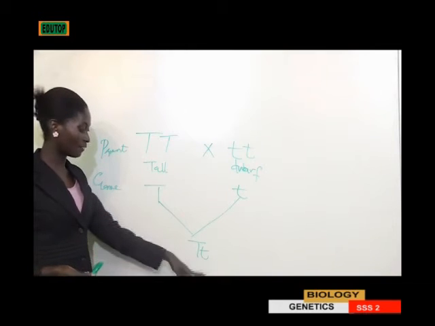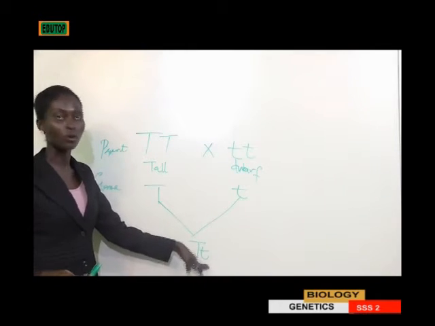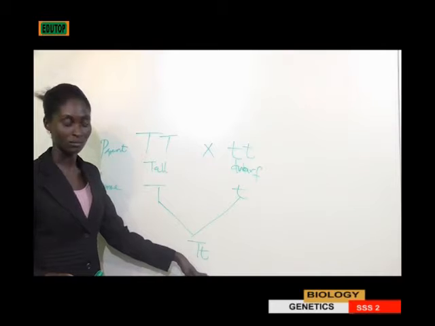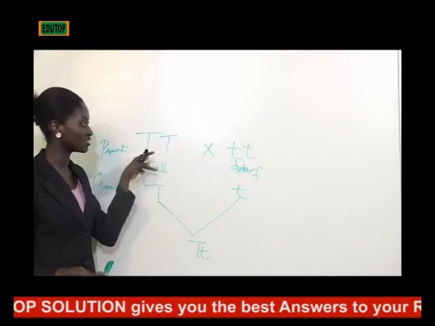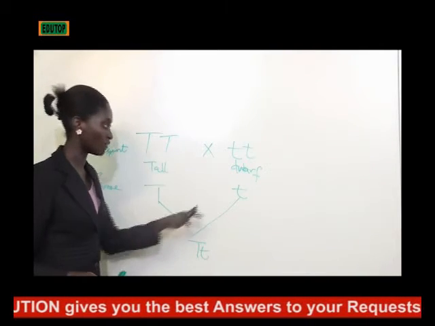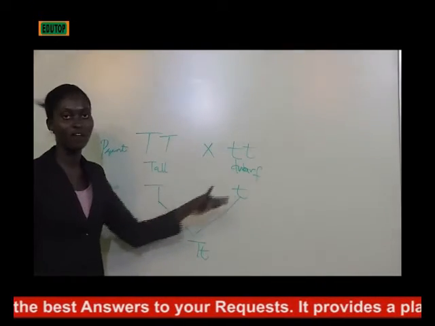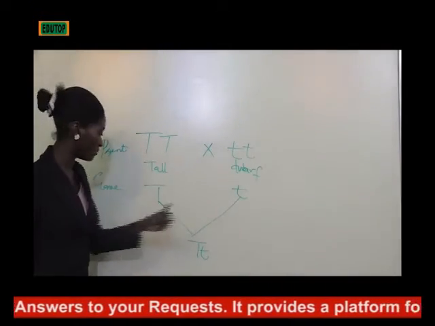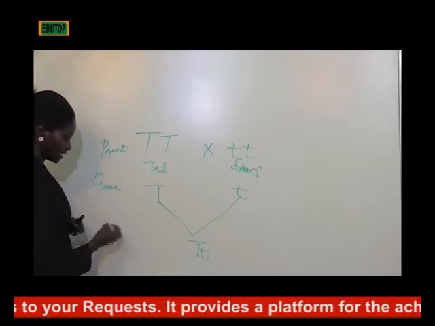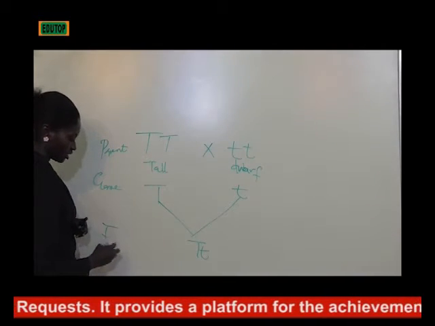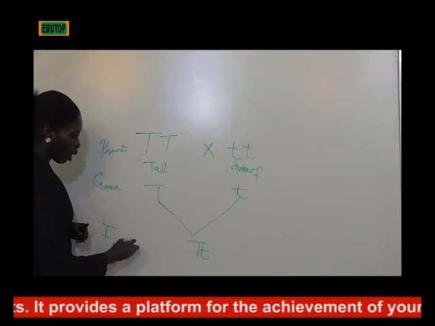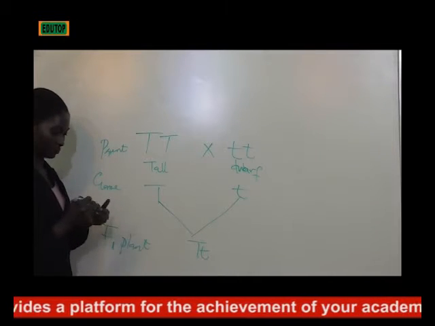So the physical appearance of these plants is tall. They are tall, even though it is not like this tall parent. By the time you cross this tall plant and this dwarf plant, you discover that all of them, the first generation plant, that's the first filial generation, F1 plant, they are all tall.